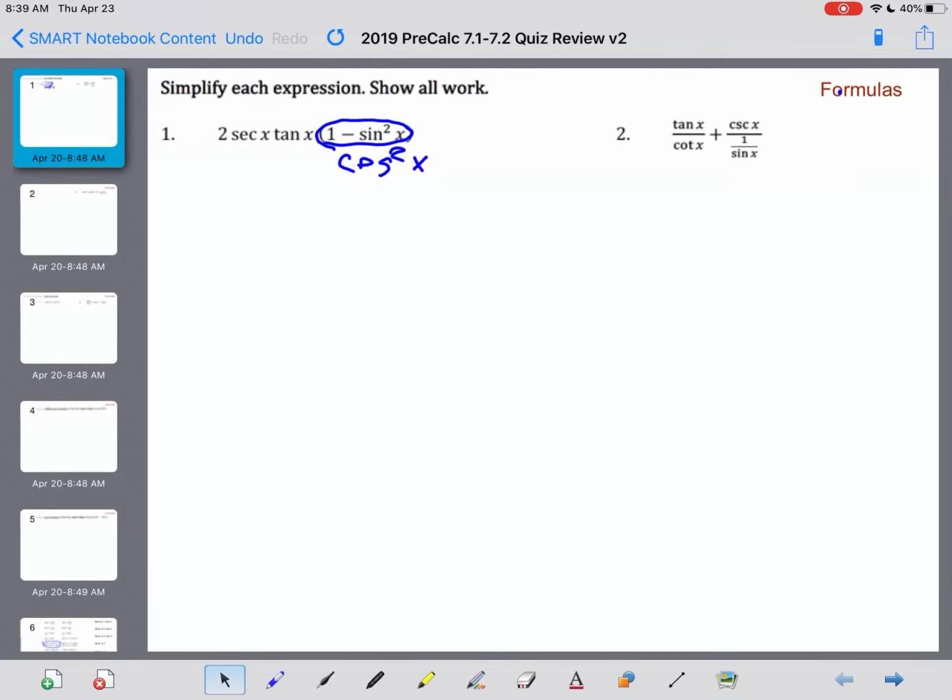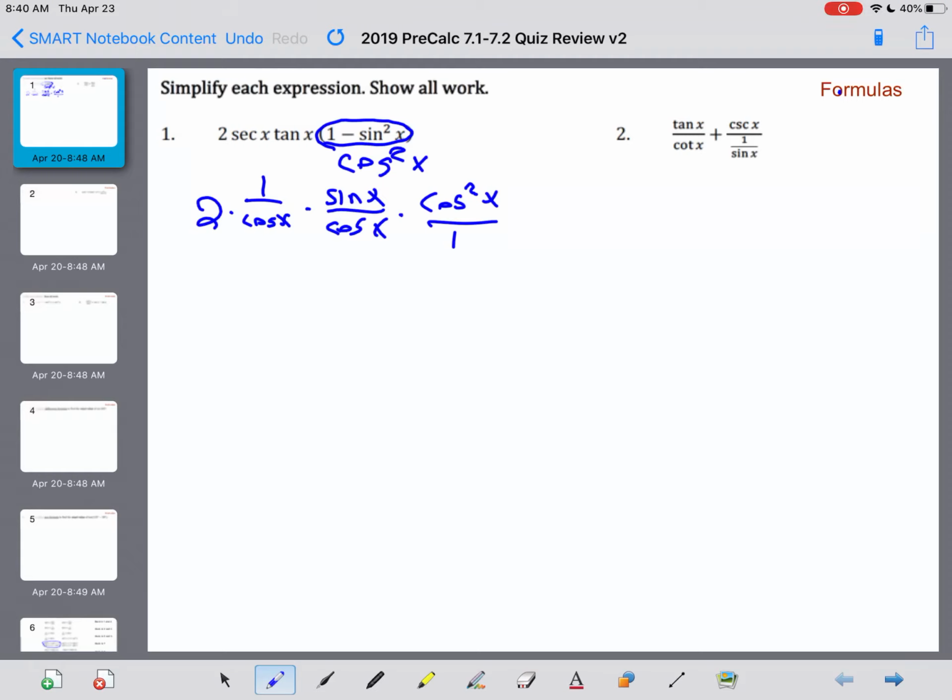so we have that. So now let's go ahead and rewrite this in terms of the definitions. So I'm going to get 2 times 1 over cosine x for secant, sine x over cosine x for tangent, and now I have this cosine squared x, and I can put that over 1 here.